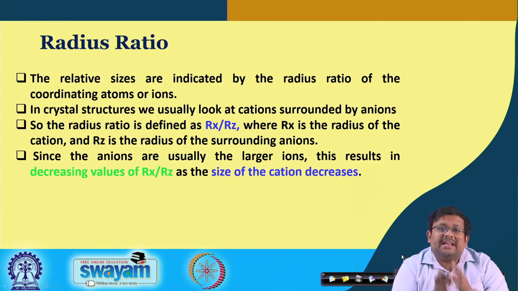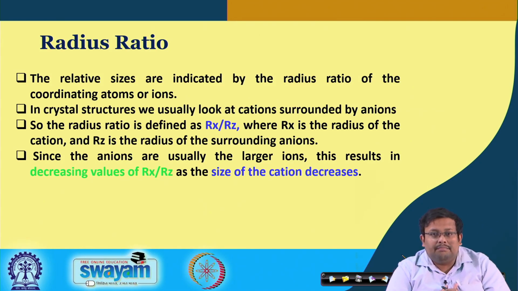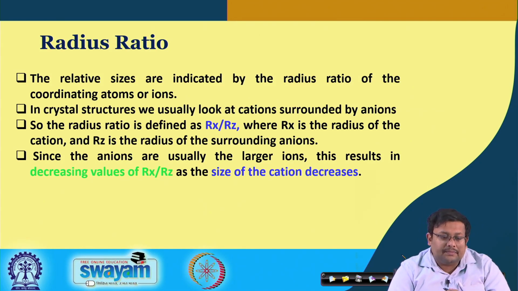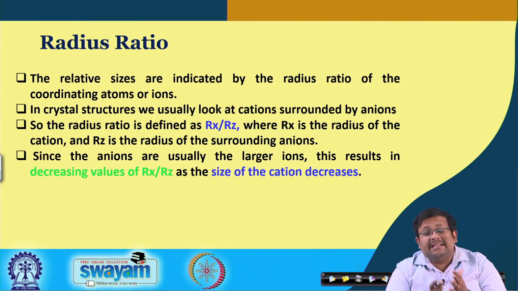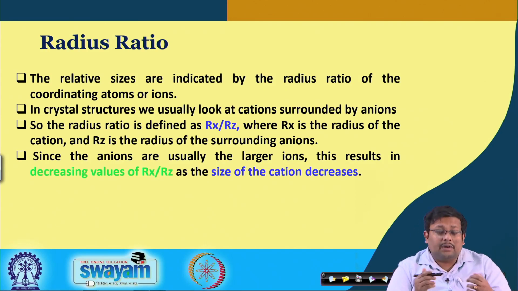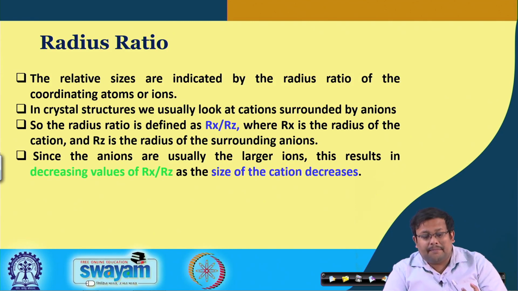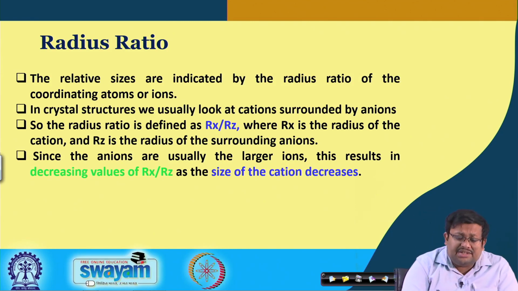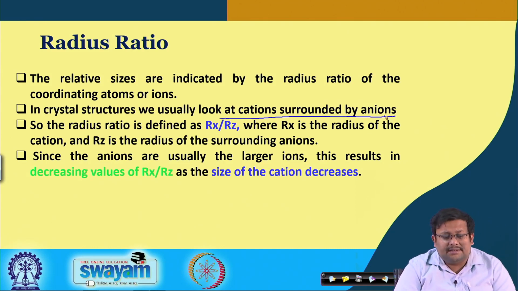So, what is the implication of radius ratio in this structural arrangement? Remember that the relative sizes are indicated by the radius ratio of the coordinating atoms or ions. Now, in the crystal structure, we usually look at the cation surrounded by the anions.